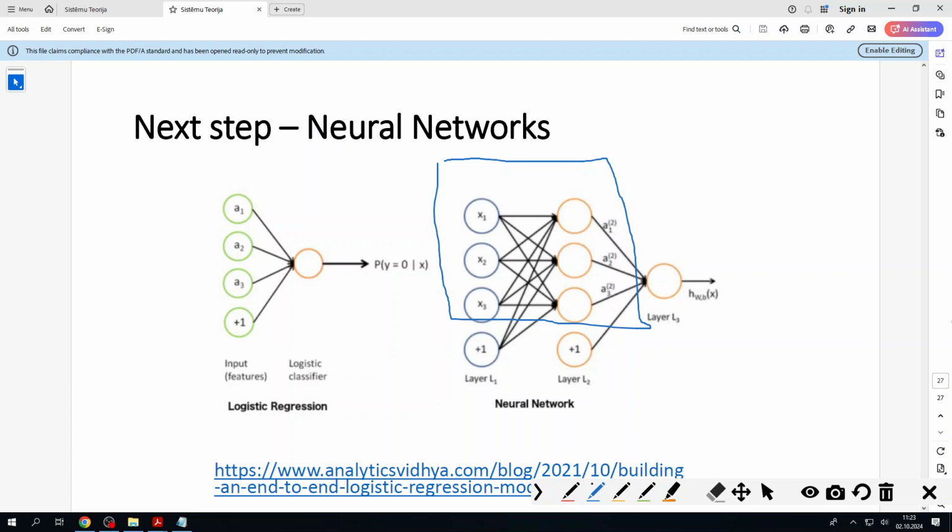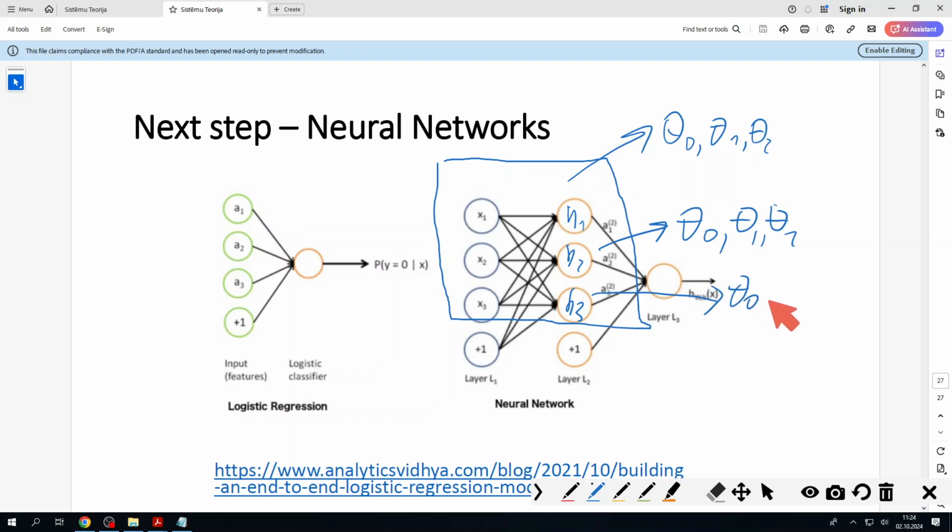Yes, because these are three hypotheses. This is hypothesis H1, which has its own theta parameters, theta 0, theta 1, theta 2. This is hypothesis H2, which also has its own parameters. And this is hypothesis H3, which also has its own set of theta parameters.